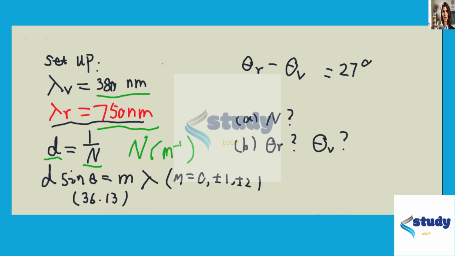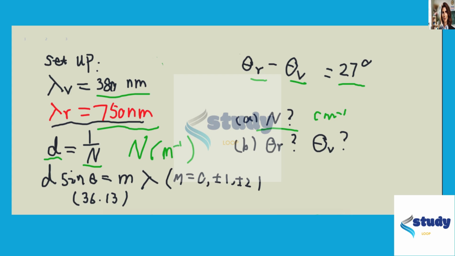To solve this problem, it addresses the relation between the first order diffraction angle of the red light and the violet light. The difference between those two angles equals 27 degrees. So the question is, what will be the number n? I mean, in each centimeter, how many slits will we find on the grating?